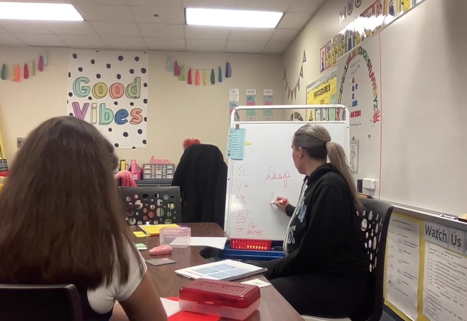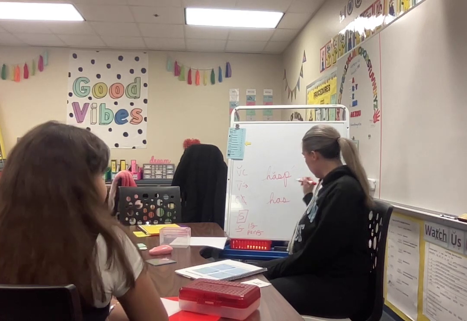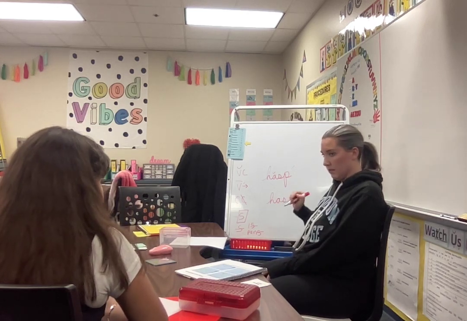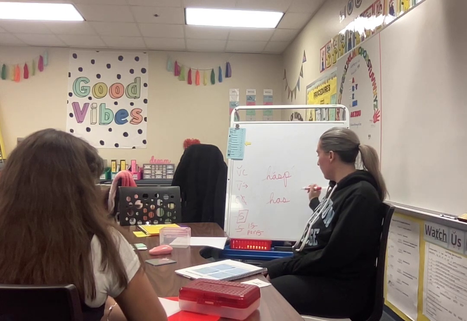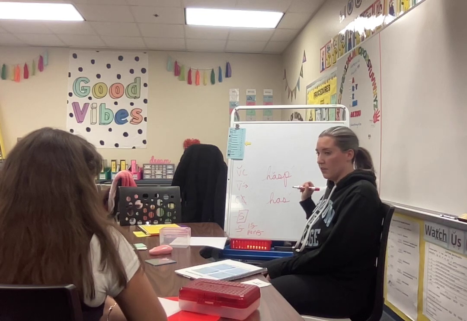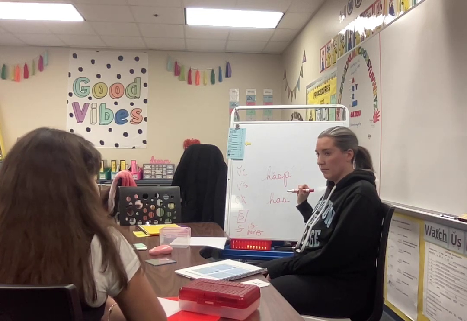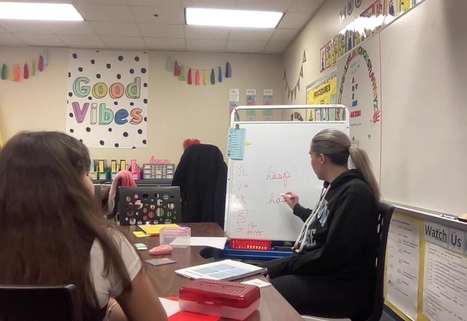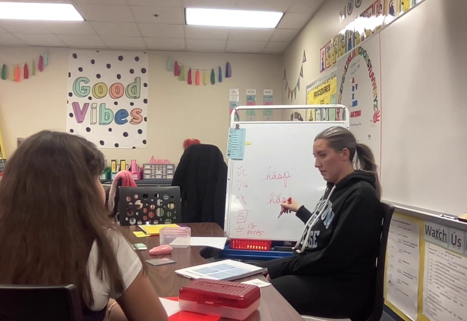All right, next one in row 4. H, A, S. Is this word open or closed? Closed. Is it accented? Yes. Is our vowel short or long? Short. Does it get a breve or a macron? A breve. So what does this word say? Has.